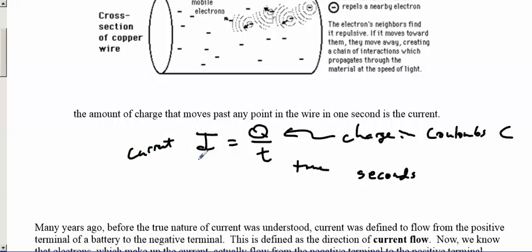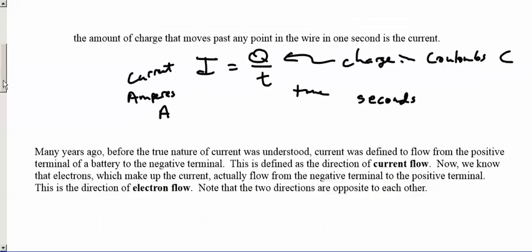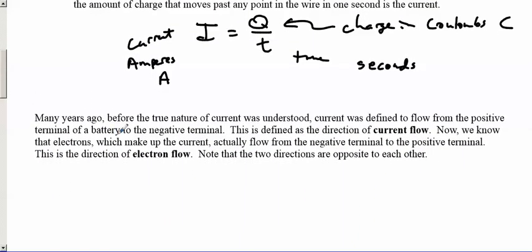We've run out of letters, so we use an I, and it is measured in amperes or amps, and it's a capital A.